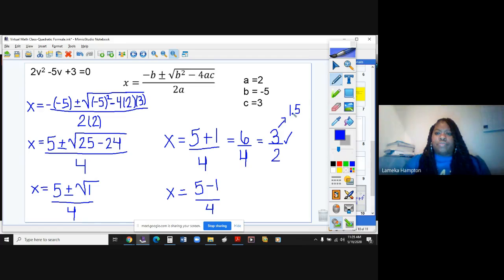The only time you do not have to convert your fraction to a decimal is when you're dealing with slope. So I don't want you to confuse all of the rules that you've learned this year. When it comes to slope, keep it in a fraction. Don't do anything extra. Anything else, you can convert your fraction to a decimal.